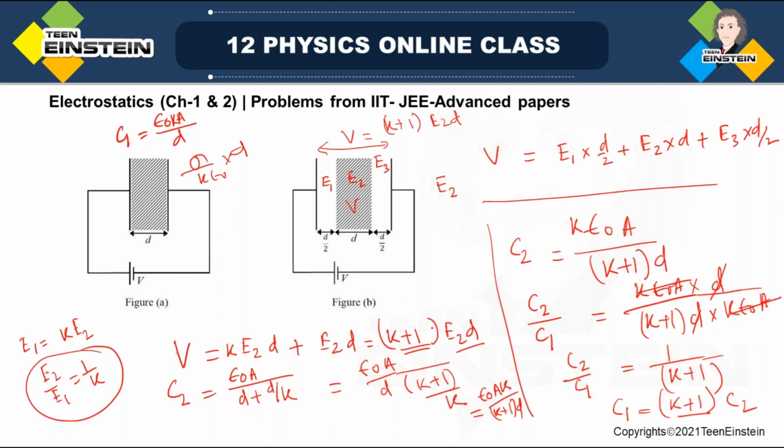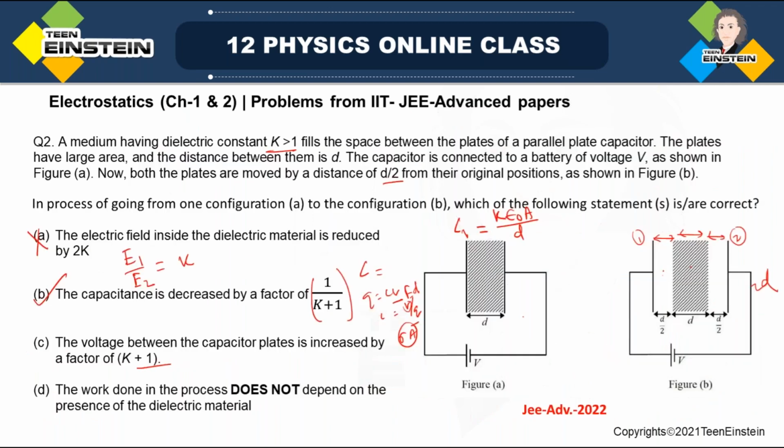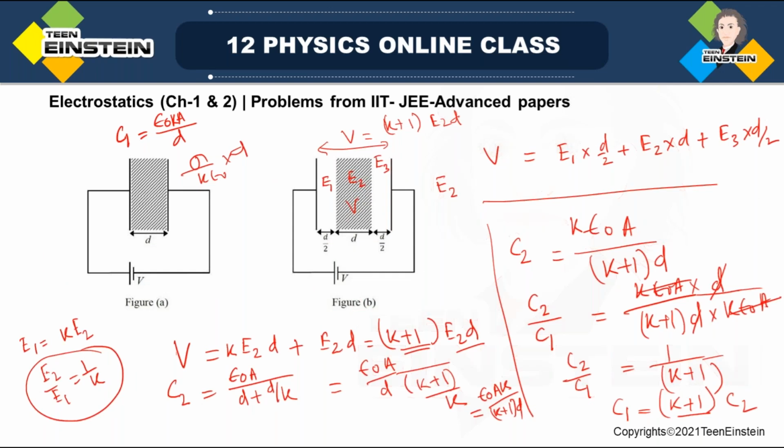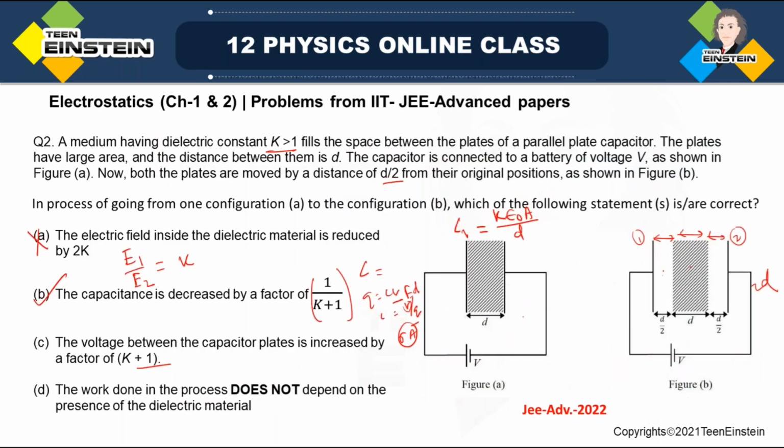This is multiplied, increased by K plus 1 times. Yes, it is also correct. Voltage of the capacitor plate is increased by K plus 1. That's why this much is the reduction in the value of capacitance.